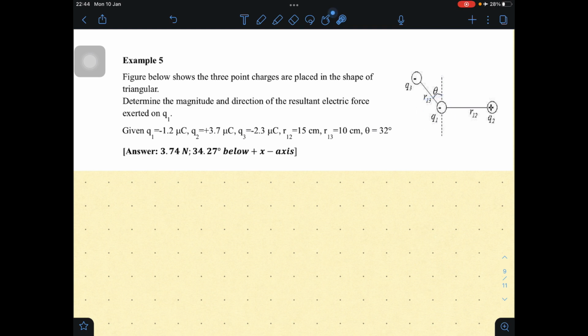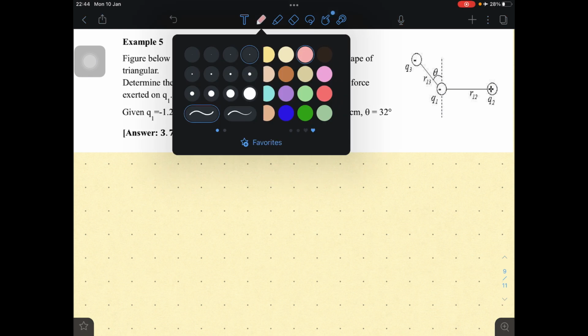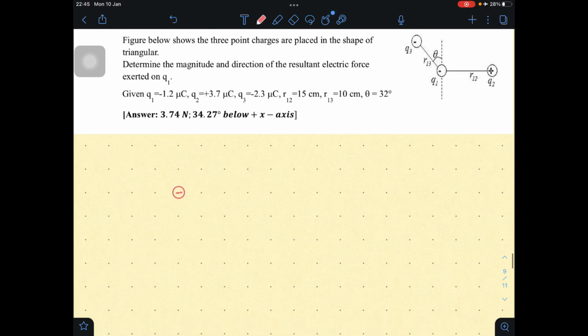Okay, so macam biasa, first step we need to do is to draw the electric force diagram. Okay, so how do we draw this? So kita lukis dahulu this one. Okay, let me lukis this one semula. So we have negative here for Q3. And then kita ada negative for Q1.